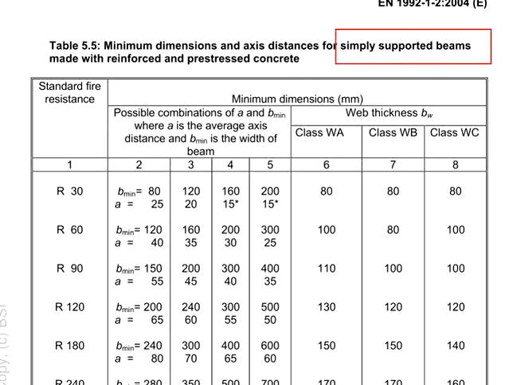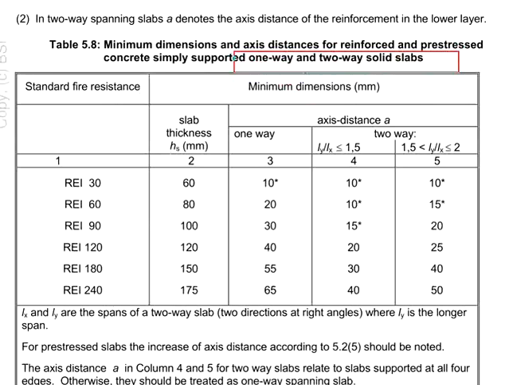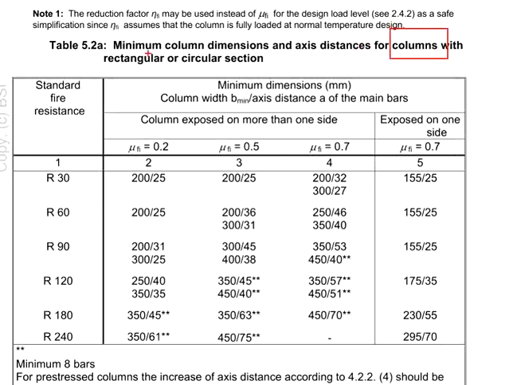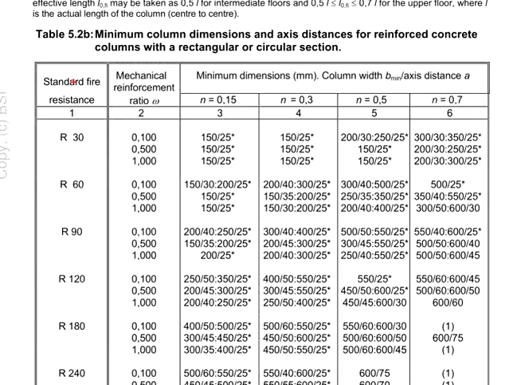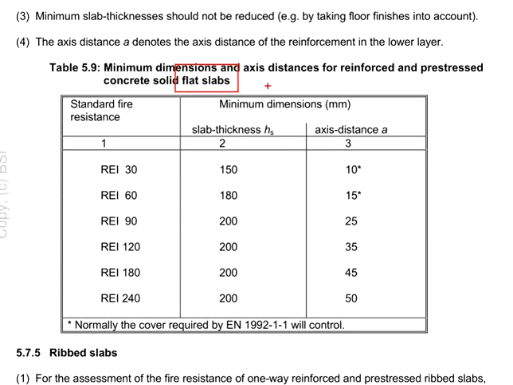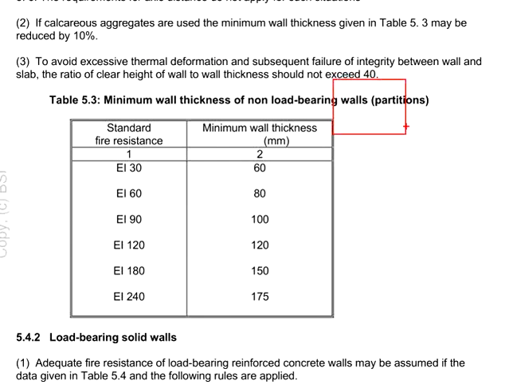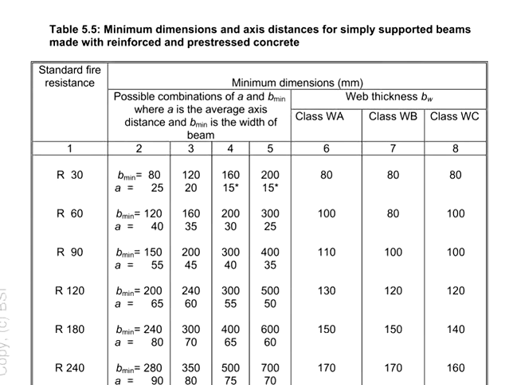We have simply supported beam, which can be obtained from table 5.5, continuous beam, table 5.6, one-way and two-way solid slab, table 5.8, columns in table 5.2a and also table 5.2b. There are also others such as flat slab, rib slabs, walls, and etc.